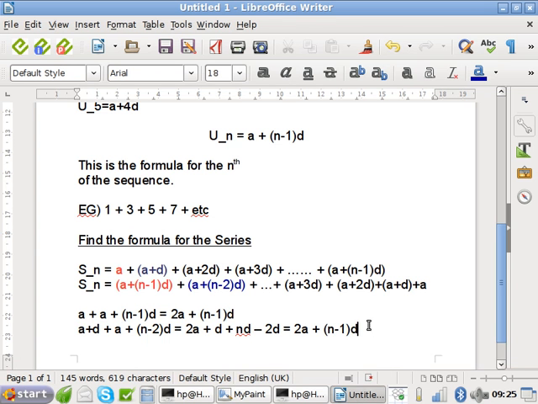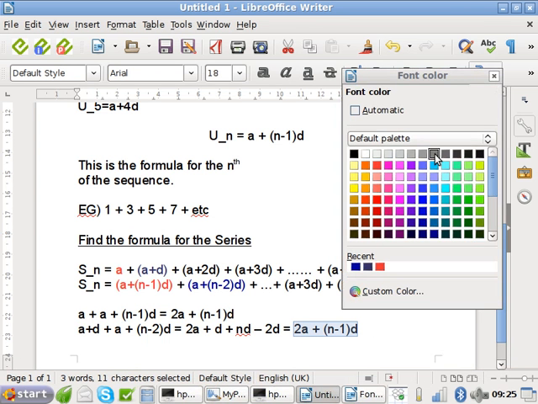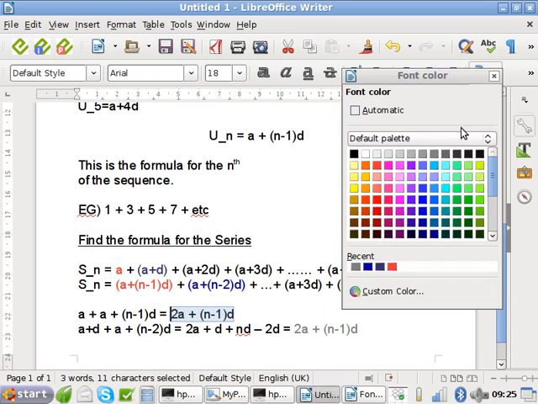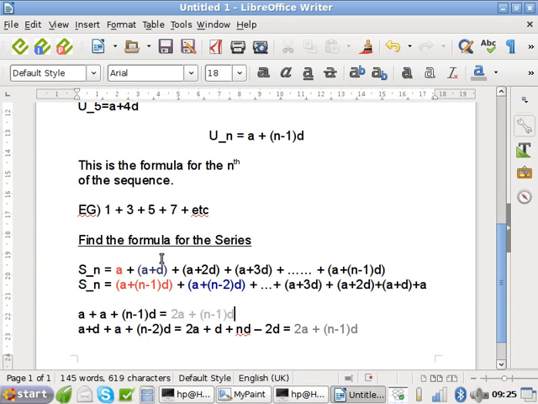So what I want you to notice is that the answer I got here is the same as the answer here. In fact, each time you add these together, you always get the exact same result.